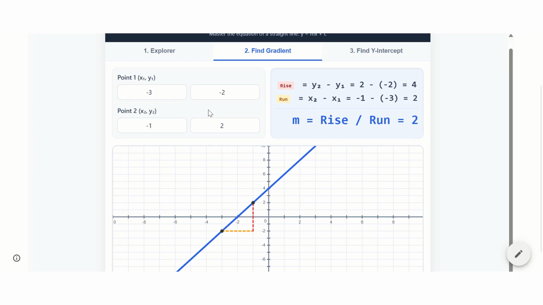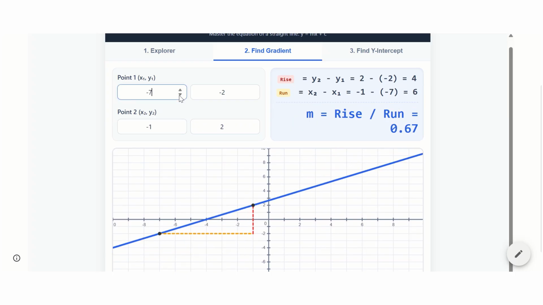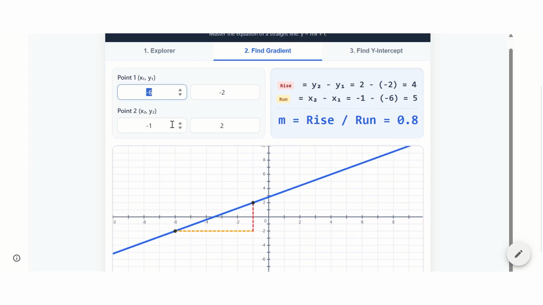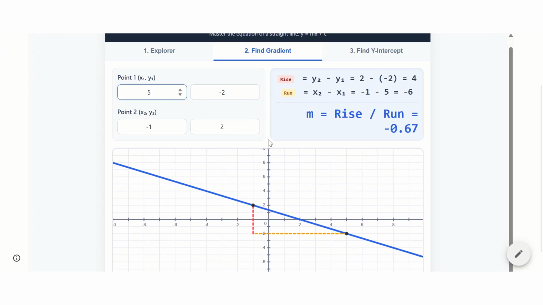Okay, let me give you another example. Supposing I choose another 2 points. Let me type in the values. Let's say 5, and then 3.